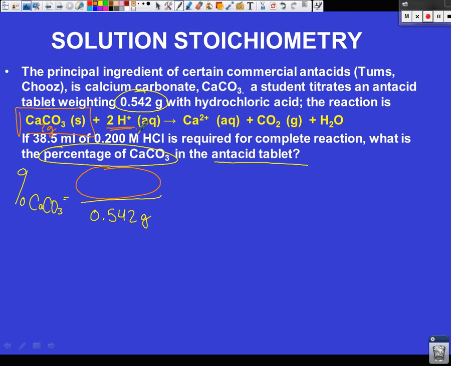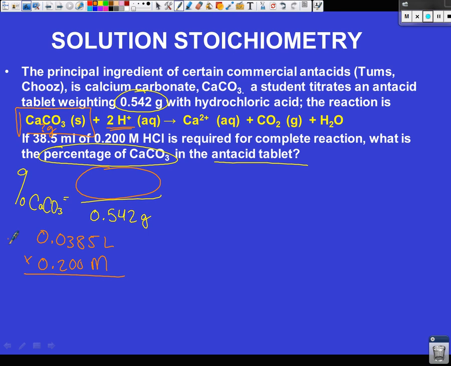So the first thing that I'm going to need is 0.038. No, that's not right. Yeah, I forgot the extra zero. 0.0385 liters. I am multiplying the volume times the concentration to get my what?